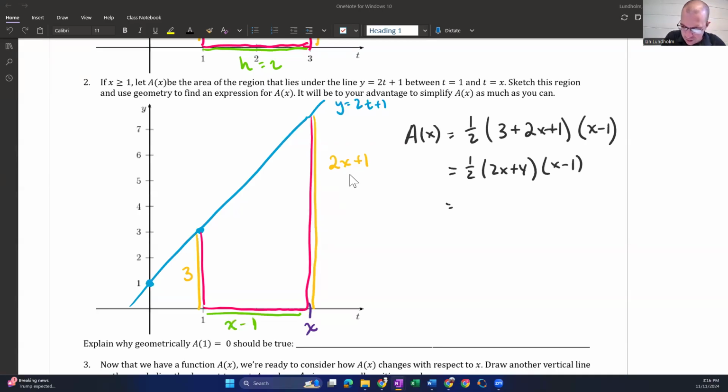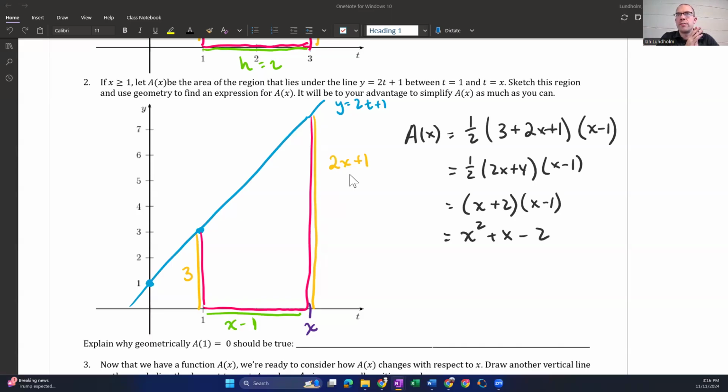And so this will turn out to be x plus 2 times x minus 1. And that's pretty good. We could also multiply this out so that we get x squared, 2x minus 1x gives us a plus x, and then a minus 2 at the end.